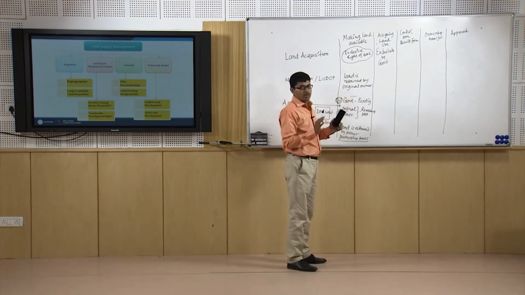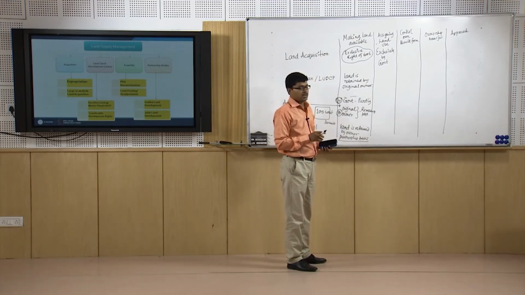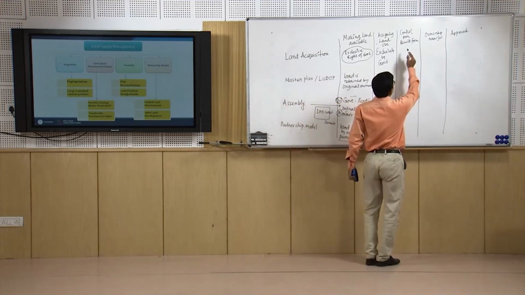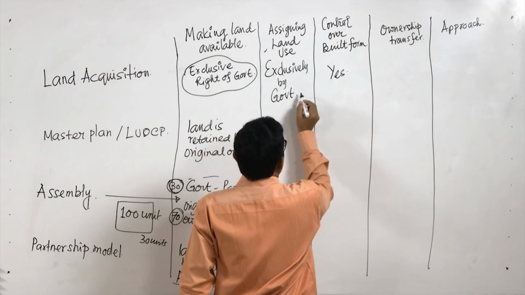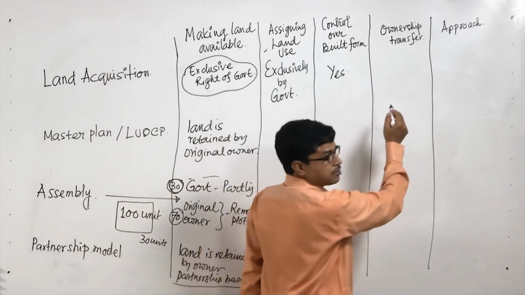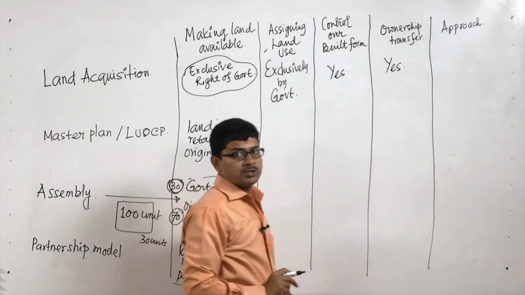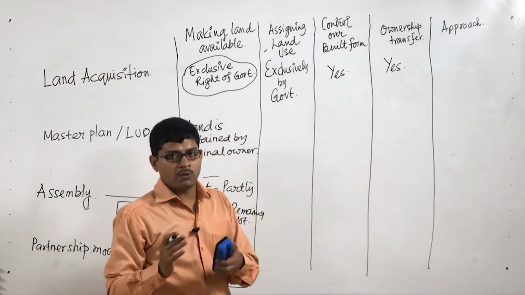So, here there is no role of any private party or private company; it is the exclusive right of the government. Control over the built form, yes, and transfer of ownership, yes, the transfer of the ownership is fully there, because the private land is acquired by the government.